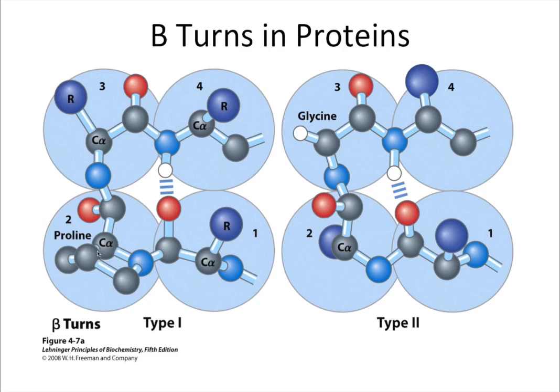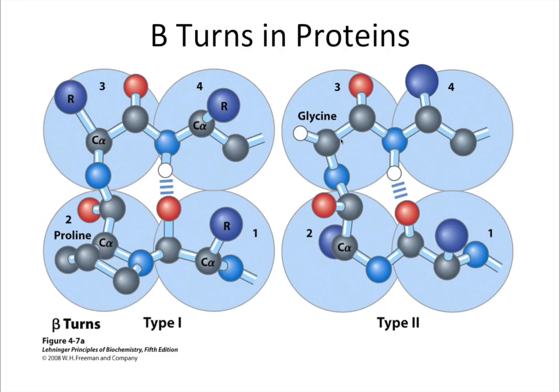And essentially, this is the 5-membered ring that contains the nitrogen structure. This is sort of in one plane down here. And then, going in the other direction, perpendicular to that, you have the rest of the amino acids. So it sort of facilitates this bend in the structure of the polypeptide backbone in the type 1 thanks to the proline molecule. And then you can see in the type 2 we have glycine residues that are present.